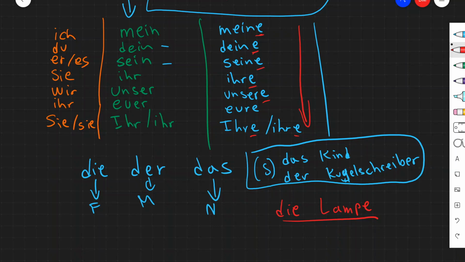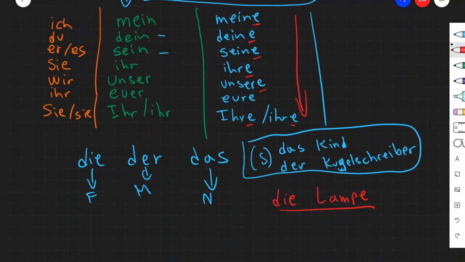So please don't forget to add the E if the noun is female with the article die, and if it is in plural. So this one, singular die and plural die. The thing that you have to know in German is that there exists no other article for the plural forms of nouns.